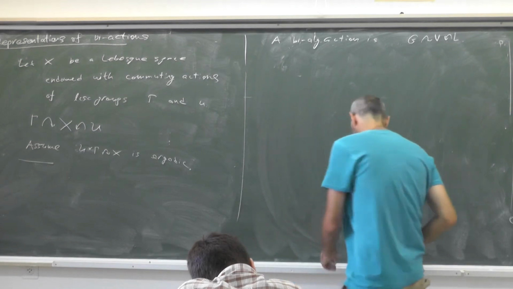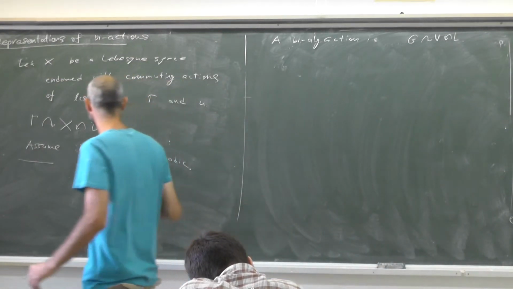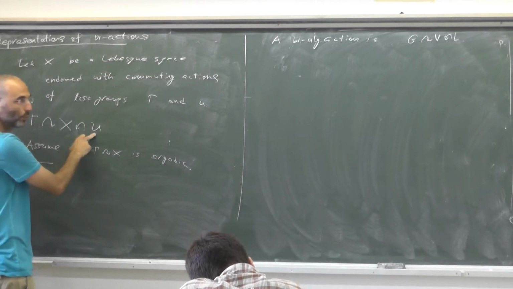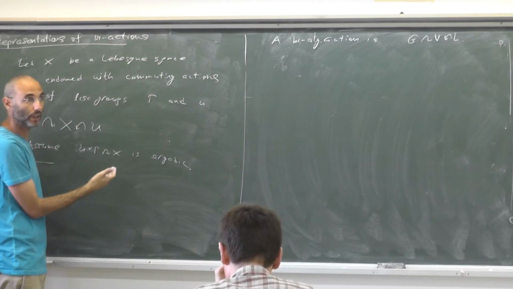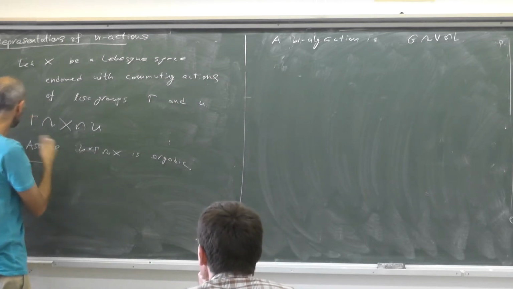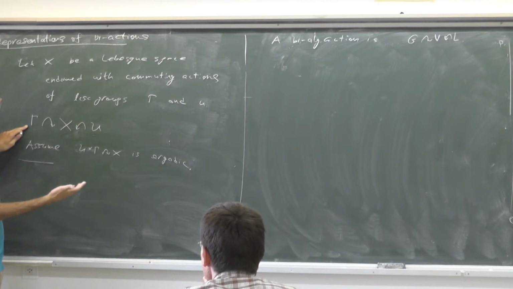Okay, maybe I should say some words. Now I can either define a representation as in the first version we had: fix a map from gamma to G and from U to L, and consider the associated representation of X. This is the same as taking the group gamma times U acting on X and the algebraic representation of it to G times L, if I'm fixing all the data.